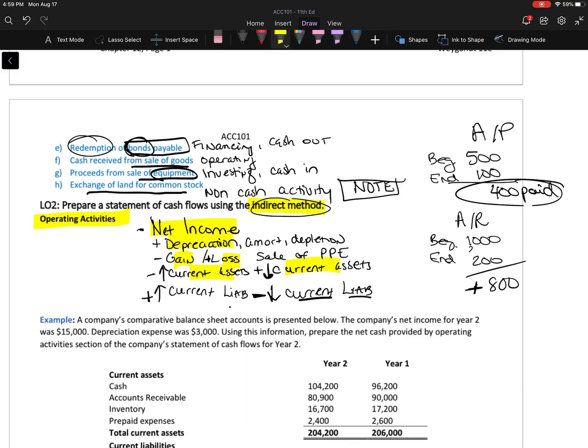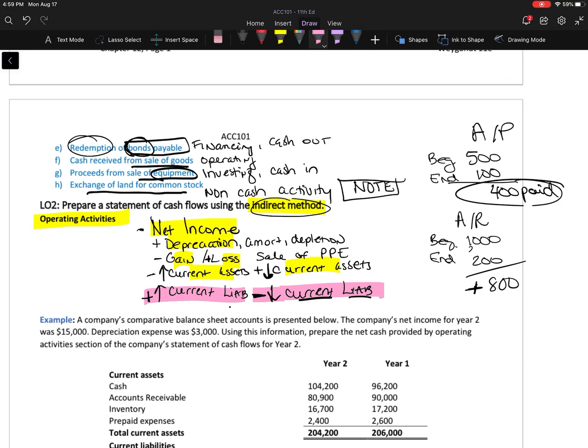Okay, so far, it's really been the opposite. Depreciation is normally taken out, right? It's a negative. We add it back in. So if you can get those categories, net income plus depreciation, gains and losses, and changes in current assets, and realize that every single one of these adjustments is the opposite of what you are used to, and then just look at current liabilities, and that goes with the flow, right?